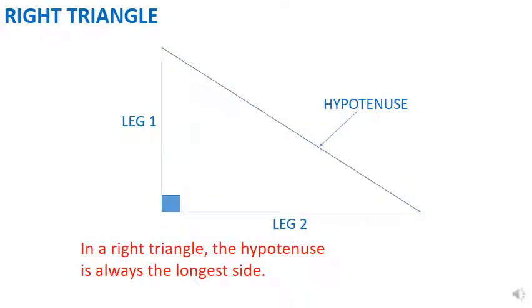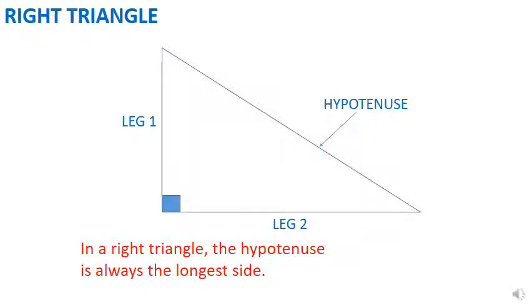First of all, let us remember together what's the meaning of a right triangle. In a right triangle, we have a right angle that forms 90 degrees. The two lines that form the right angle, we call them leg 1, leg 2, or height and base.